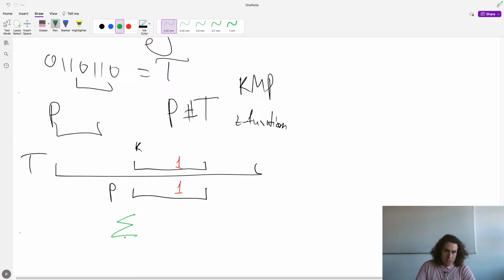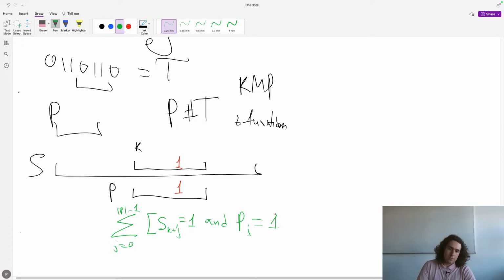It's a sum over all indices of P, like from j equals 0 to size of P minus 1. We need to count the number of positions such that, let's call the string S, S at k plus j is equal to 1 and P_j is equal to 1.